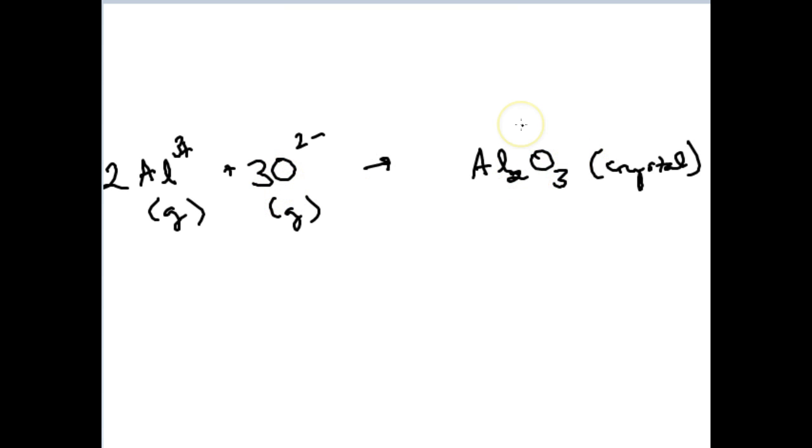It's really a theoretical kind of energy. It's very hard, or in some cases impossible, to measure the lattice energy purely by itself. But it's a useful number to have, just in order to understand crystal structure and that sort of thing.